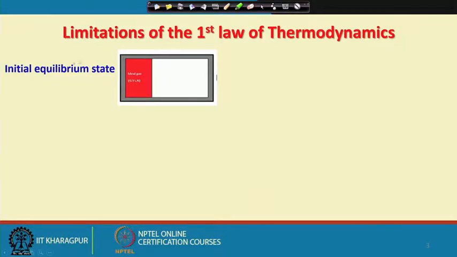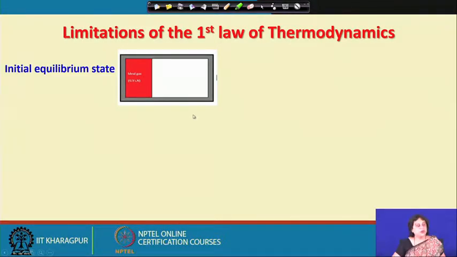So, in this case, I am going to concentrate on a very simple system. This particular system is contained within a rigid impermeable box as shown by this gray area. And there are two compartments inside this system.